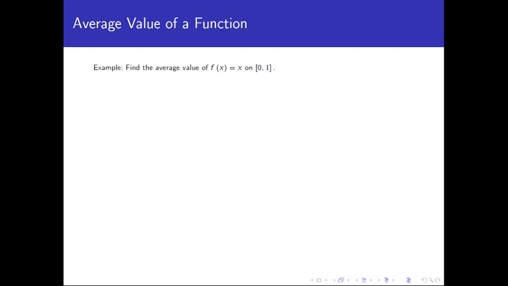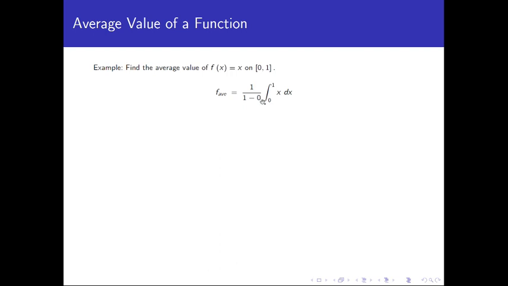Let's do a couple of examples and show some graphs of what's going on here. Let's say we want to find the average value of f of x equals x on the interval from 0 to 1. You could probably guess what this average value is just based on the fact that we're using x from 0 to 1. Well, let's see if actually going through the definition and calculating it agrees with our intuition.